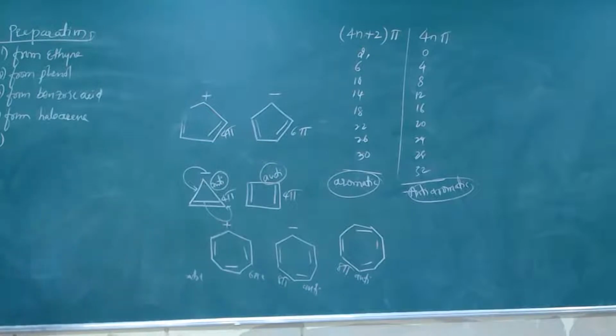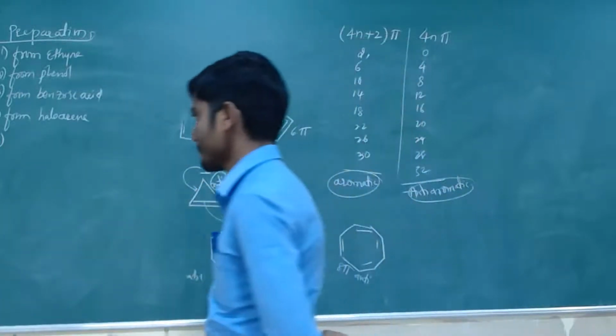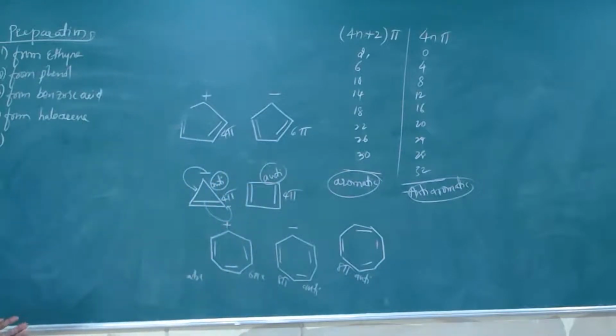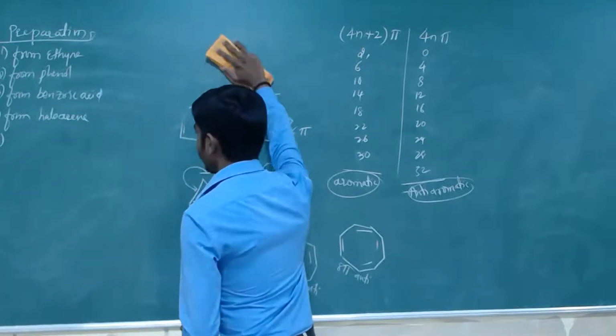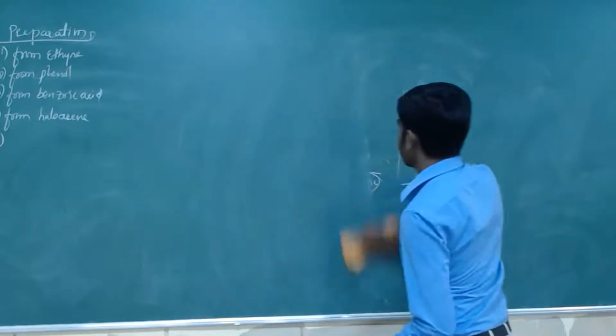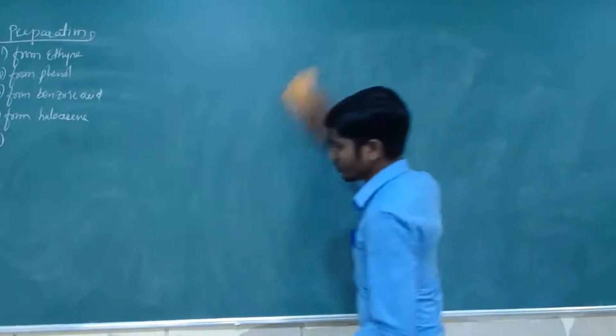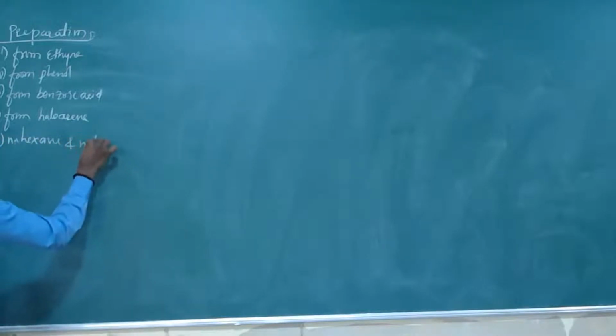Okay, let's continue. Preparation. The first one, from ethyne. Benzene can also be obtained from n-hexane and n-heptane.